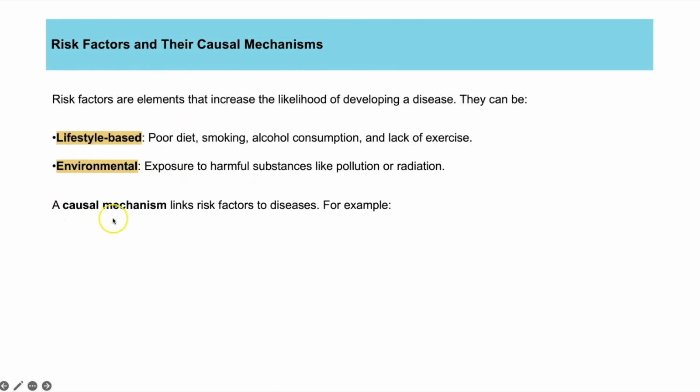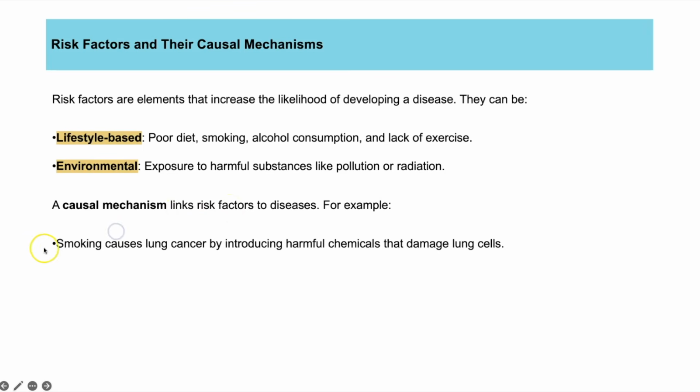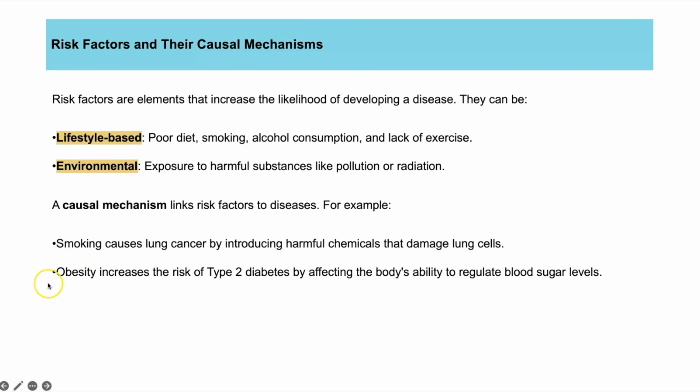And a causal mechanism links risk factors to disease. So we do know that smoking can cause lung cancer. It's also a risk factor because it doesn't mean you will always get lung cancer, but it increases your risk. And we do know that the carcinogens in cigarette smoke can cause lung cancer. We also know being obese increases your risk, but being obese can actually result in diabetes, type 2 diabetes.